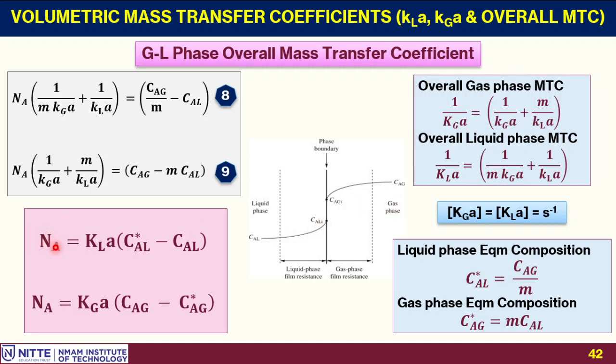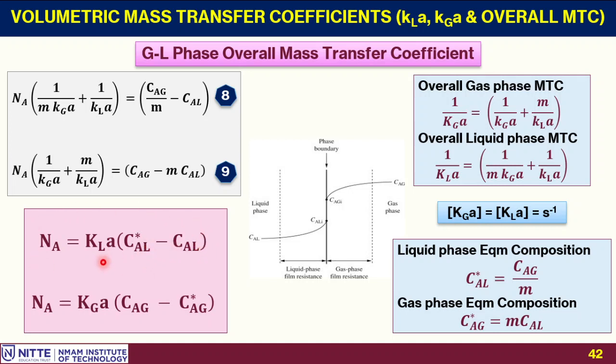The rate of mass transfer of A will be equal to this capital K, the overall volumetric mass transfer coefficient, multiplied by CA star minus CAL. I have written it this way.